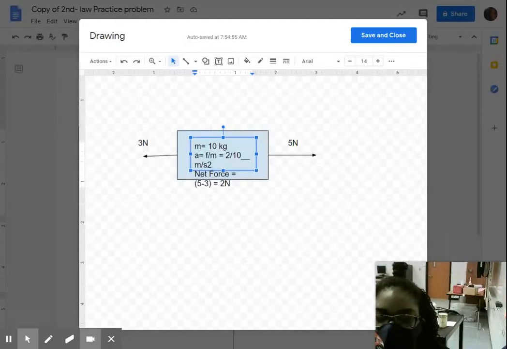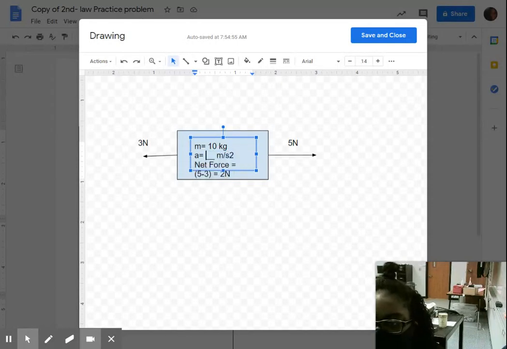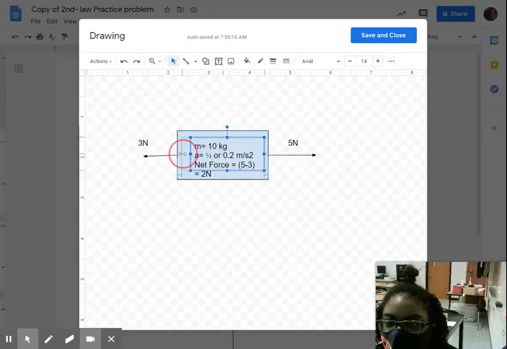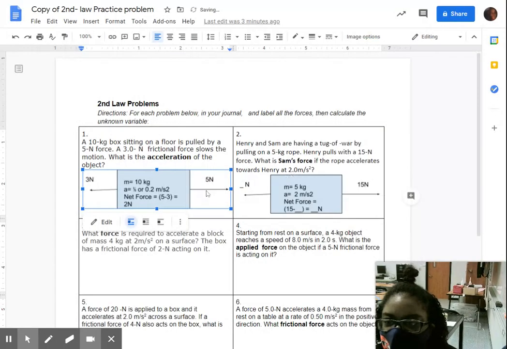When you do that division, 2 divided by 10, you're going to get 1 over 5, or it's going to be 0.2. And you just put that information in the box.